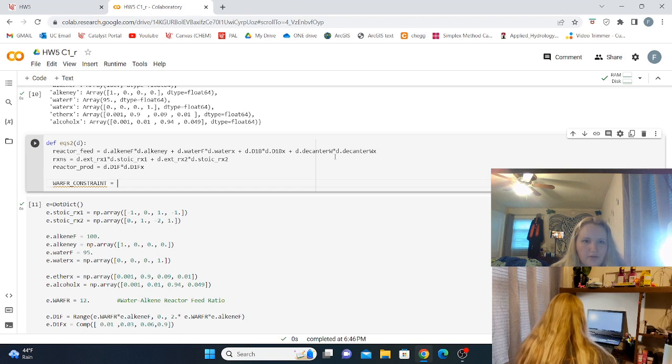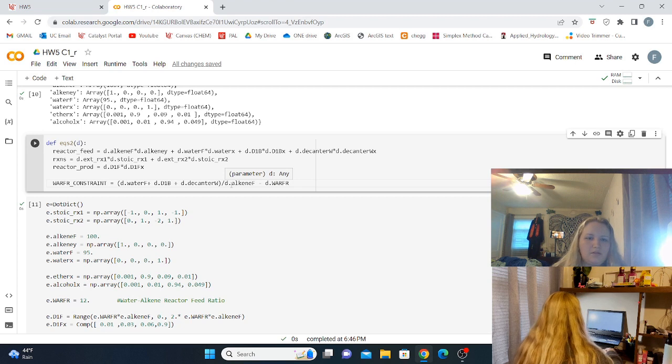That's going to be equal to D.water_F plus D.D1B plus D.decanter_W, then that gets divided by D.alkene_F, and we're going to subtract our whole constant WARFR, because that's what we want. That line looks good to me.